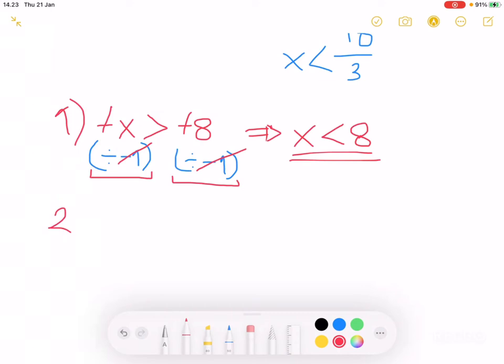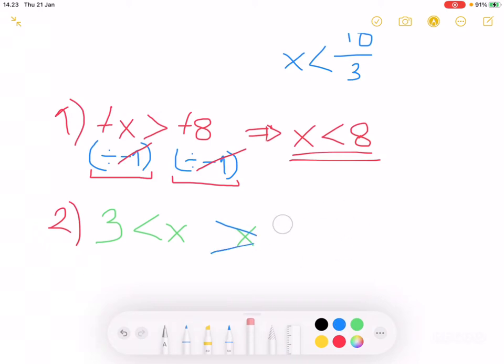For the second tip, let's say you encounter another inequality, work things out, and come to a conclusion like 3 is less than x. You can switch the 3 and x, so we get x is less than 3. Again, this is not in fact the answer yet.